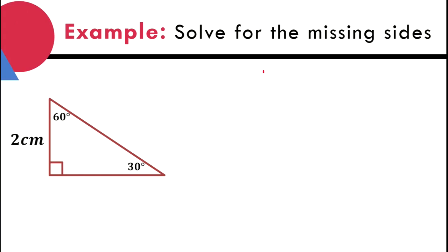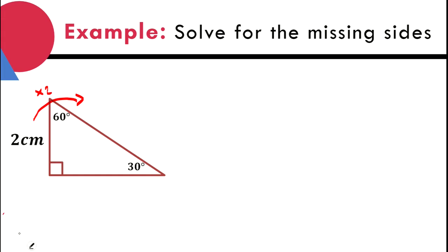For example, solve for the missing sides. Here in the given 30, 60, 90 triangle, the given side is the shorter leg, because this side is opposite to our 30-degree angle. So 2 centimeters is the length of the shorter leg. Now, by using the theorem or the pattern, from shorter leg to determine the hypotenuse, just multiply it by 2.